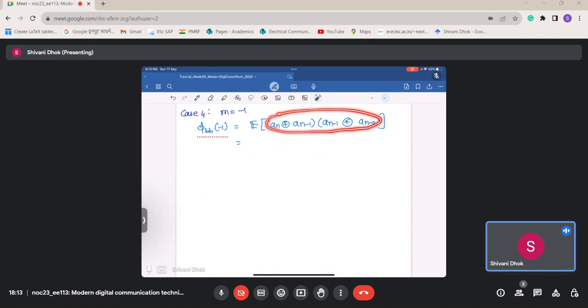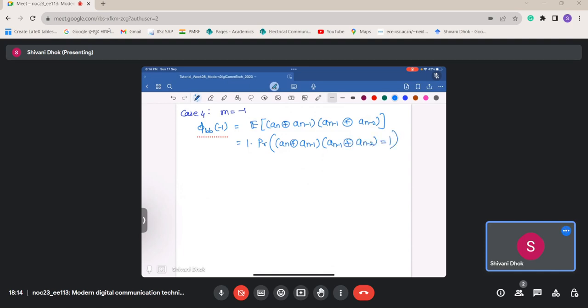Anything multiplied by 0 is 0, so this reduces to 1 into the probability that an XOR an minus 1 multiplied by an minus 1 XORed with an minus 2 is equal to 1. This will be 1 only when the individual multiplication goes to 1, so an XOR an minus 1 equal to 1 and an minus 1 XOR an minus 2 is equal to 1.